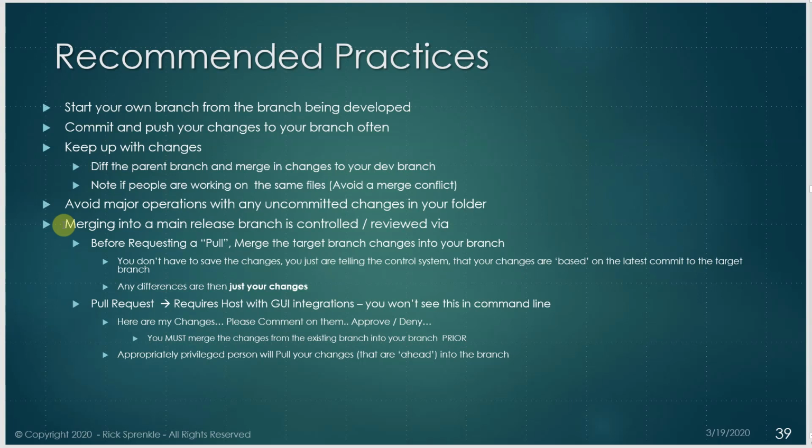You're telling the system that you want to do the merge. Your intent is to take the latest from the current release branch and use it as the base for your branch. But if there are some files coming in that you don't want to accept, you'll end up overwriting them with your desired changes, and that will show up in the pull request. So I just want to make that point on the merging.